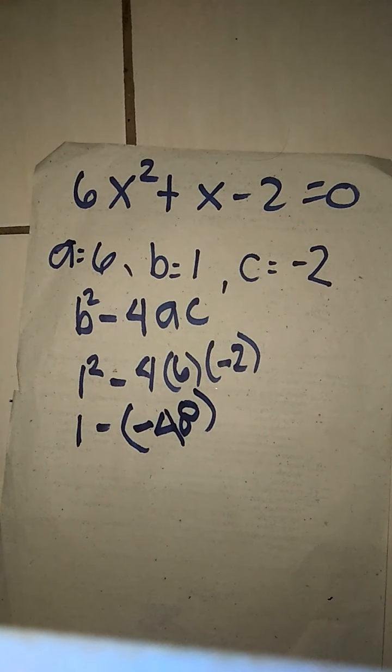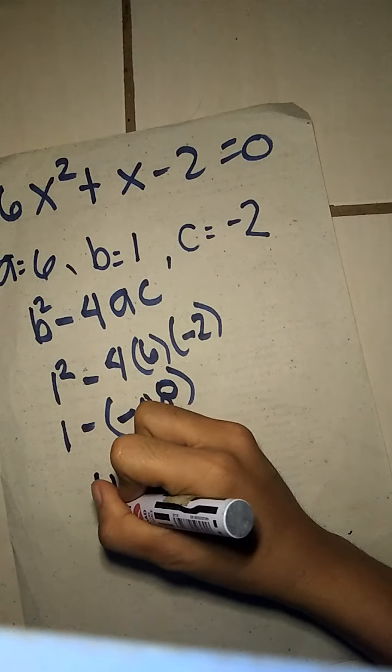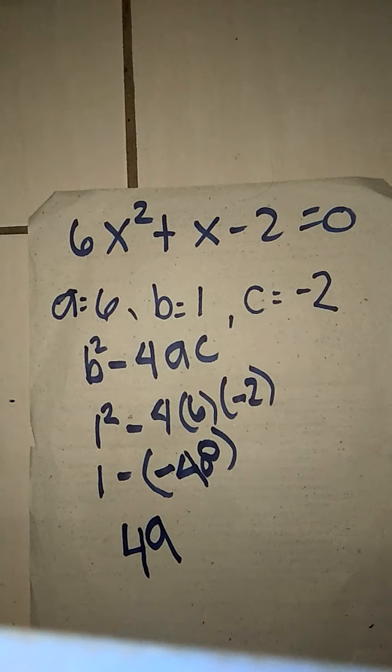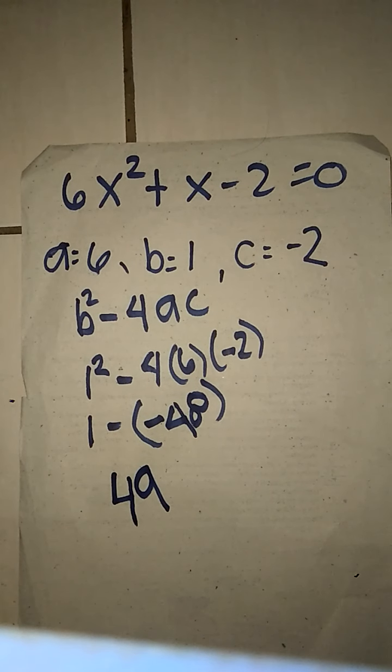Okay, what is 1 minus negative 48? Since we are subtracting a negative, it will be added. That is positive 49. Okay. So, 1 minus negative 48 is 49.